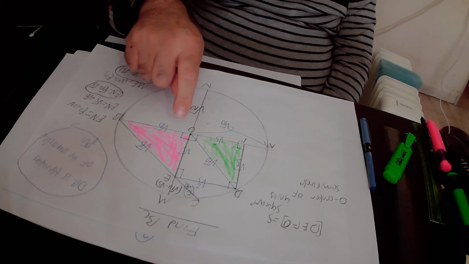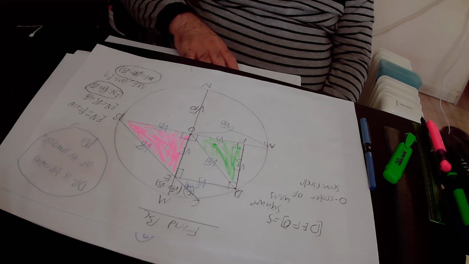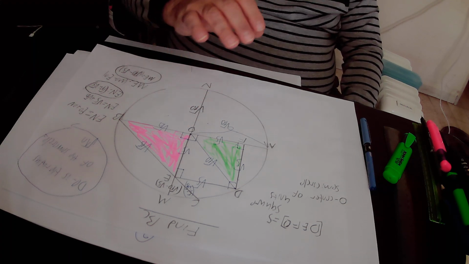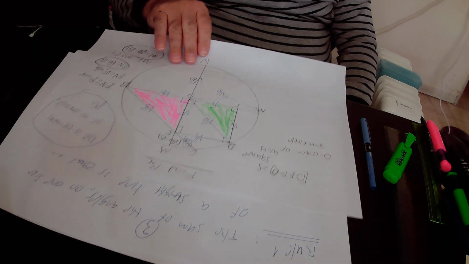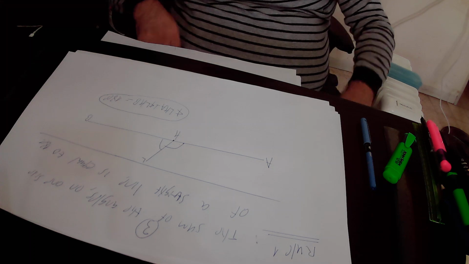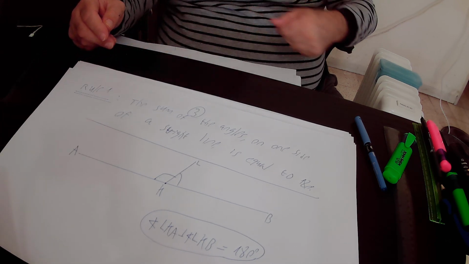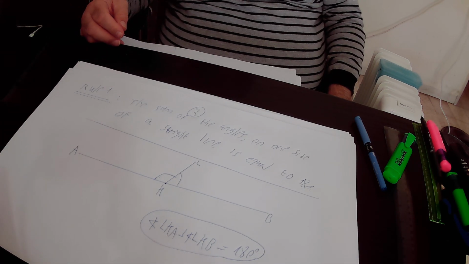Then I presented to you a new rule, and we implemented the new rule in our drawing. According to the new rule, rule number 1, the sum of the angles on one side of a straight line is equal to 180 degrees.